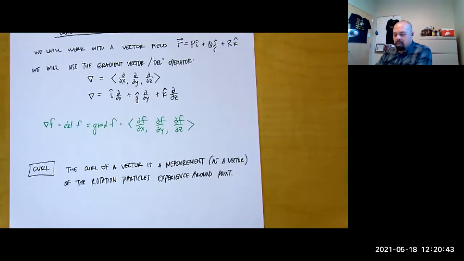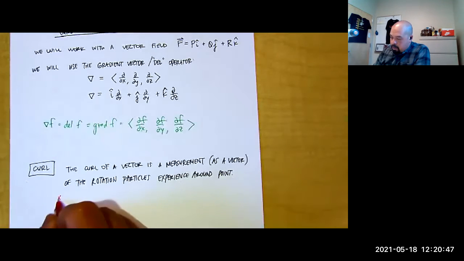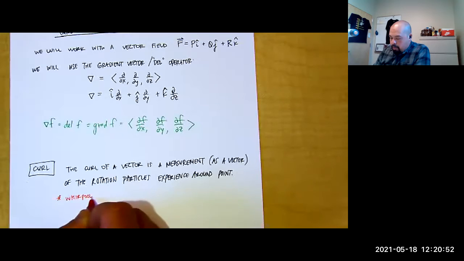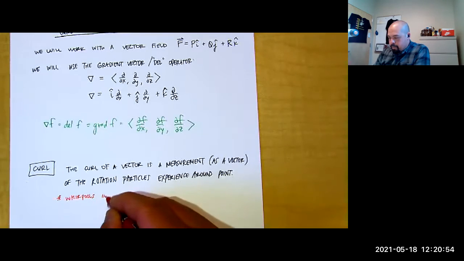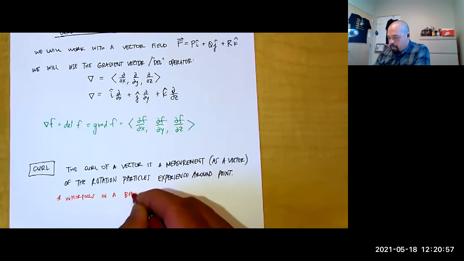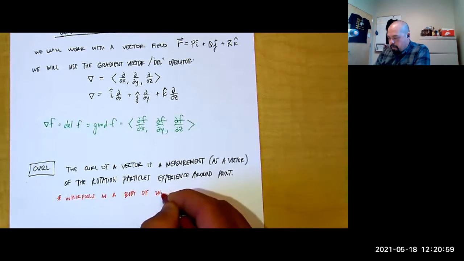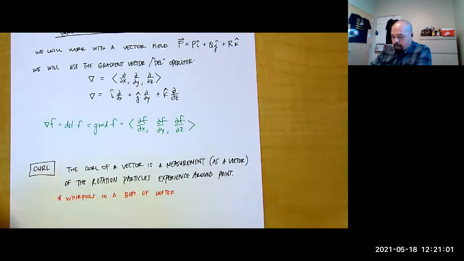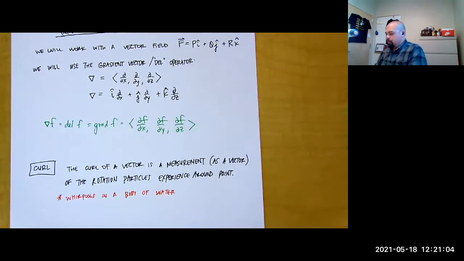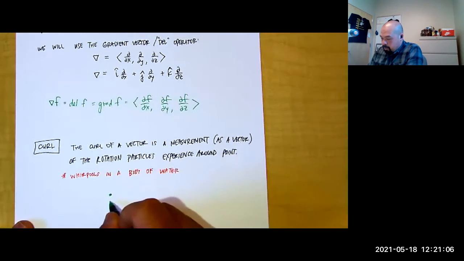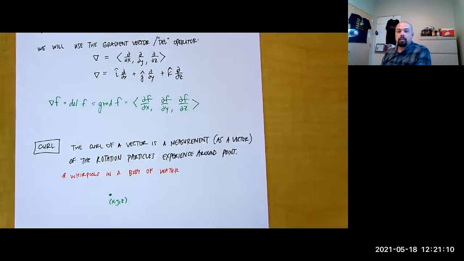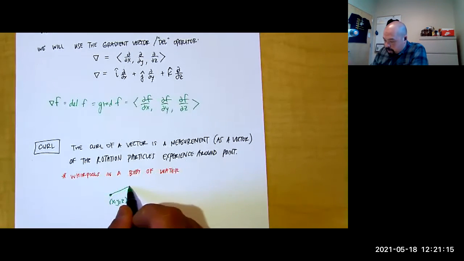I think about it kind of like whirlpools in a body of water. We'll have this point x, y, z in space, and maybe the water is flowing.